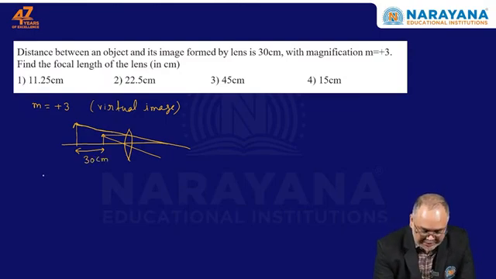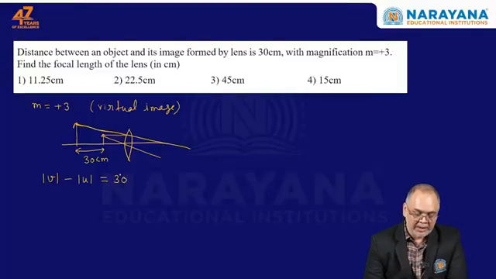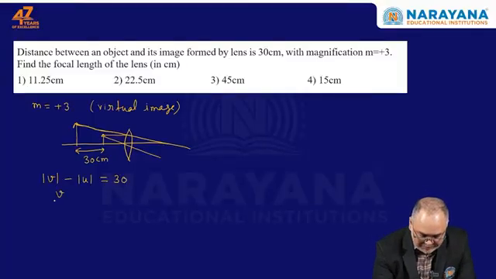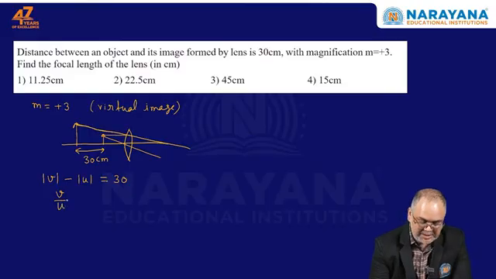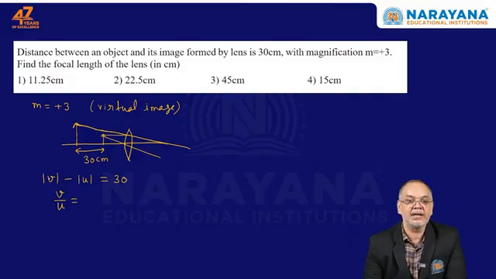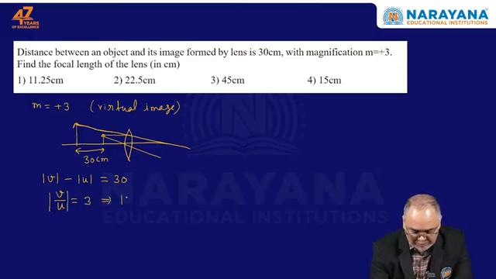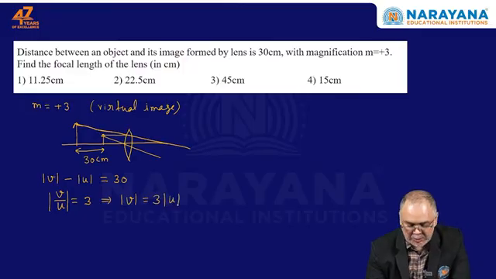So I can write mod v minus mod u is equal to 30, and magnification I can write v by u. In this we require the magnitude only, because in the first equation I need to substitute the magnitude. So I can write the magnitude of this is equal to 3.